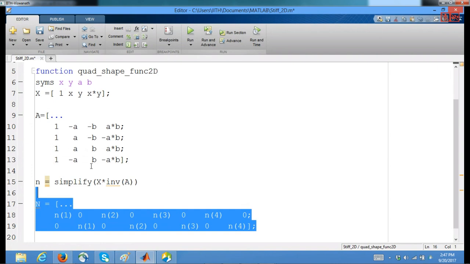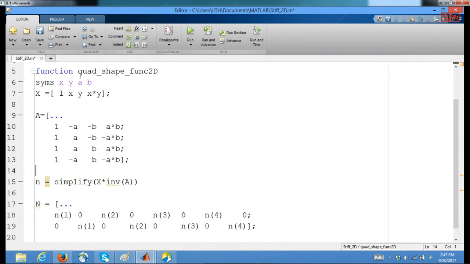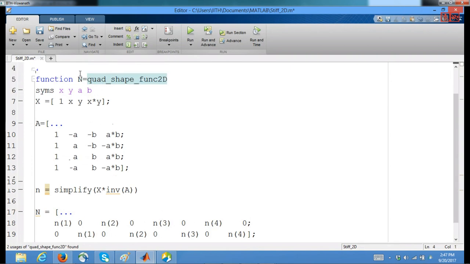Our shape functions. Okay, so our shape functions is obtained by this.